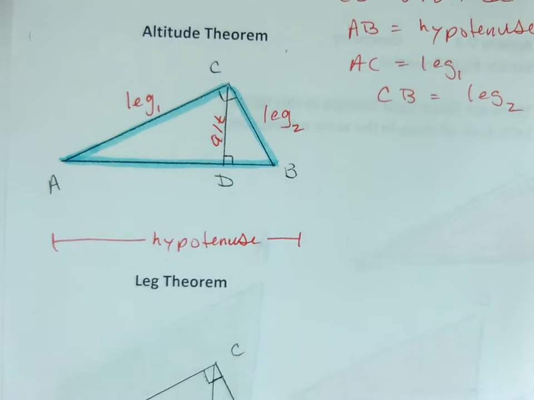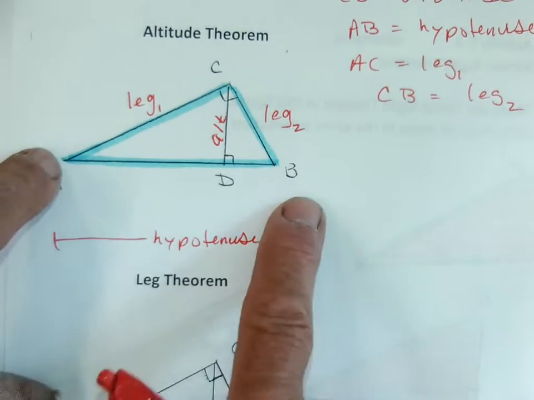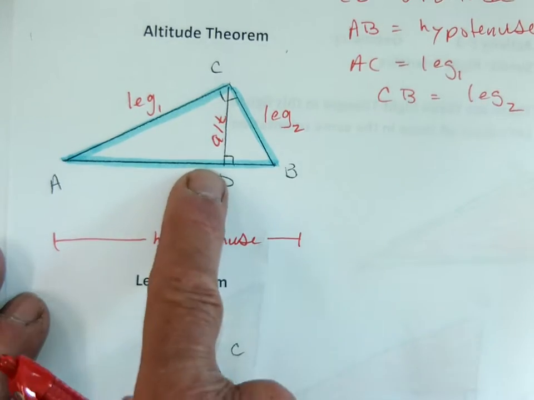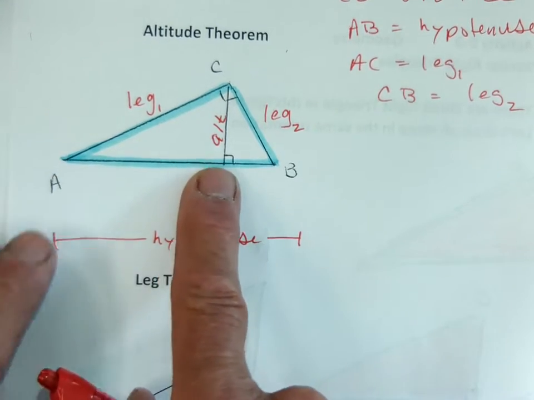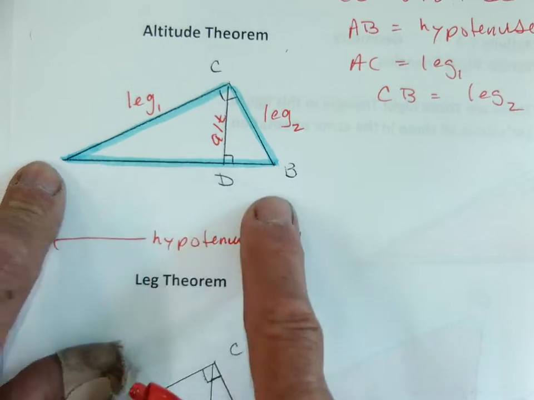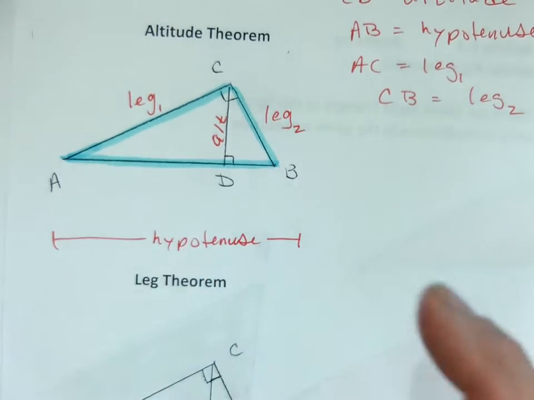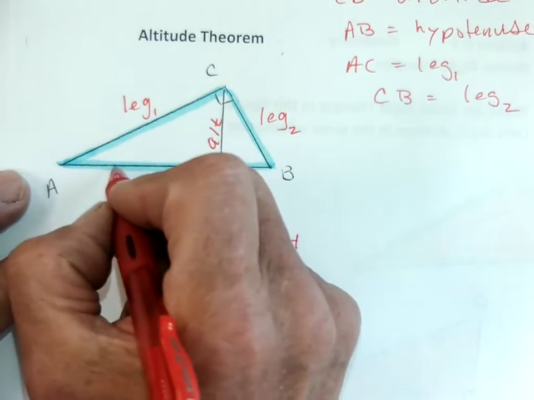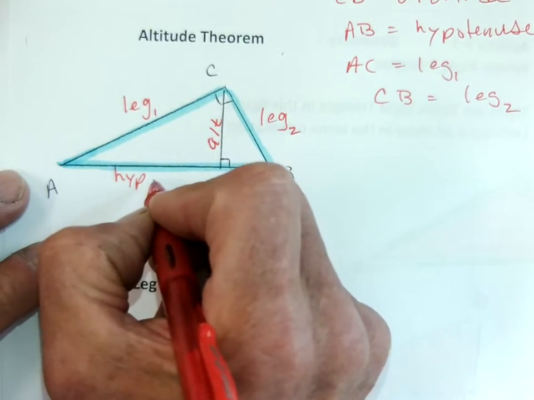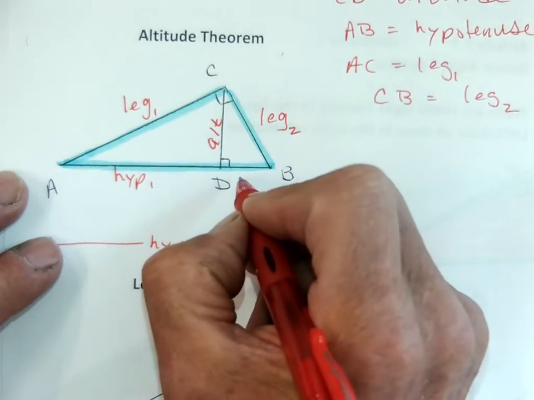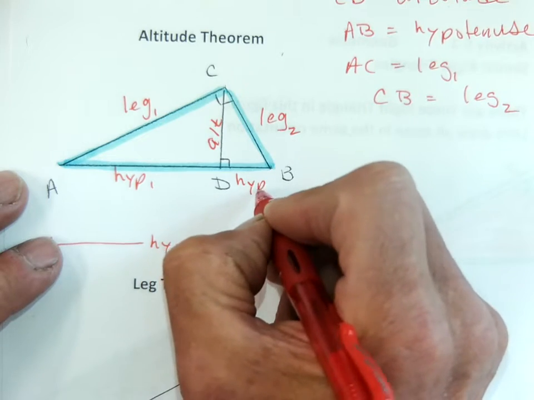Now, the hypotenuse, all the way across, got cut up into two parts, didn't it? So AD is part of the hypotenuse, and DB is the other part of the hypotenuse, okay? So I'm going to call this my hypotenuse part 1, and this my hypotenuse part 2.